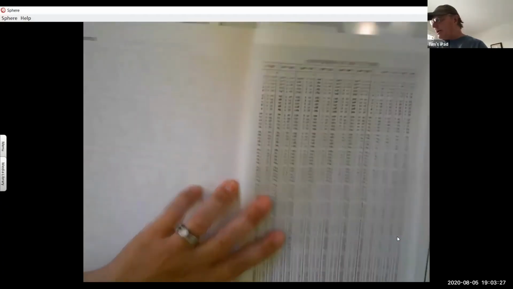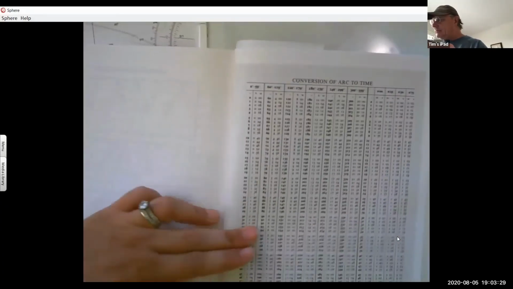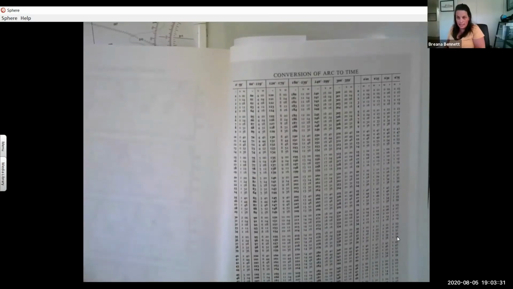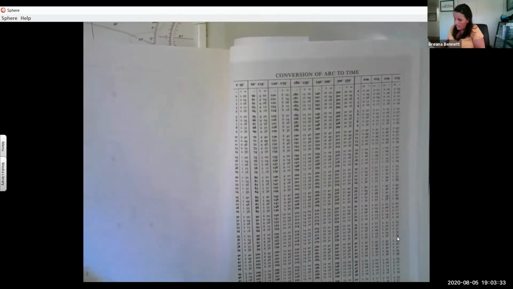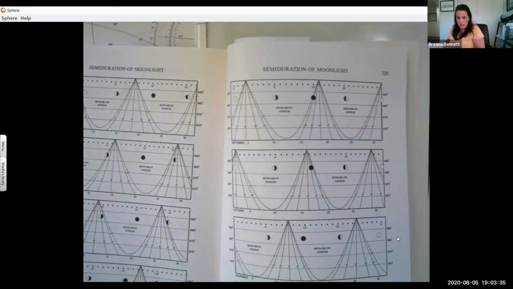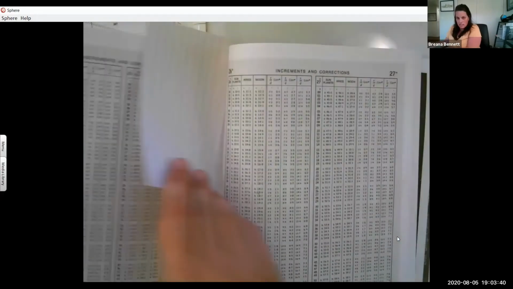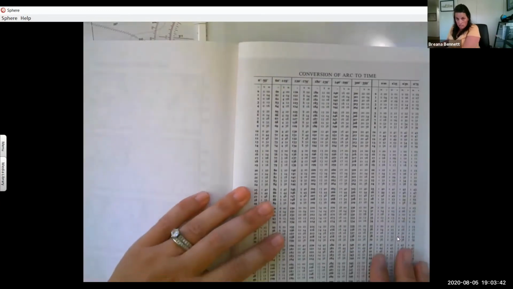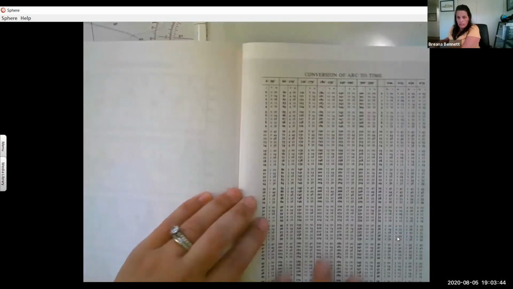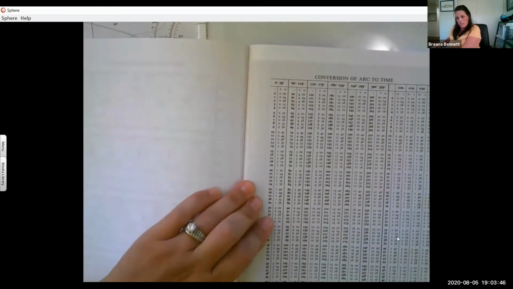What page are you in the almanac? I'm on page I. Yeah, so it's after all of these, but the beginning of the minutes and seconds. It's kind of grayed out like the minutes and seconds is. Found it, thanks. Okay.